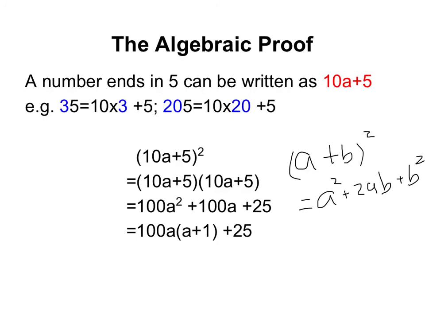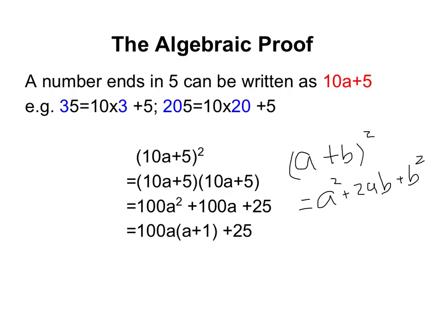I'm doing the reverse of the distributive property now. And here, if I take 100a, it seems like I am left with nothing, but actually it's not nothing, because this is 100a times 1. So what I got left is 1 here. So after factoring these two terms, I ended with this.